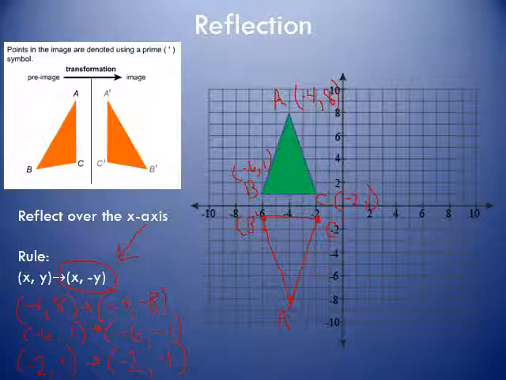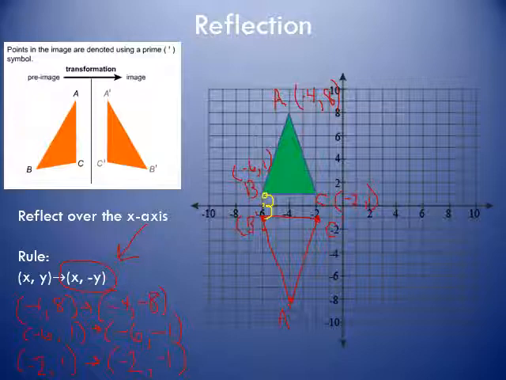One thing to notice, and if you didn't notice on the previous one, I'll show you on this, the distance between the point and your reflection line stays the same. So for example, B right here is 1 unit away from the x-axis, and B prime is 1 unit away from the x-axis.